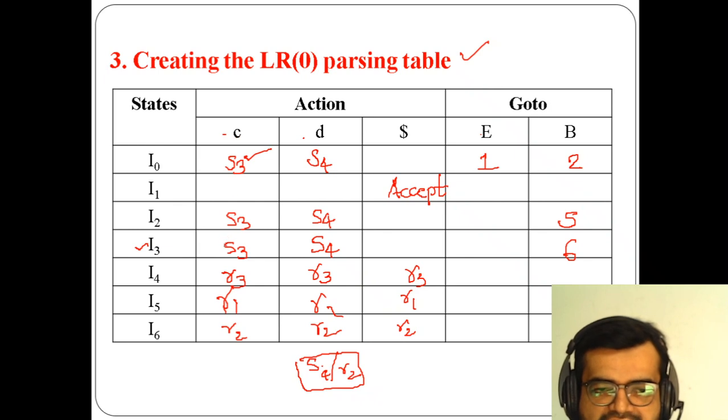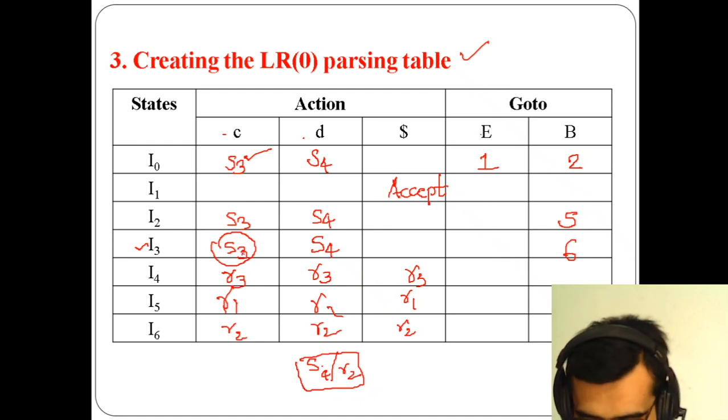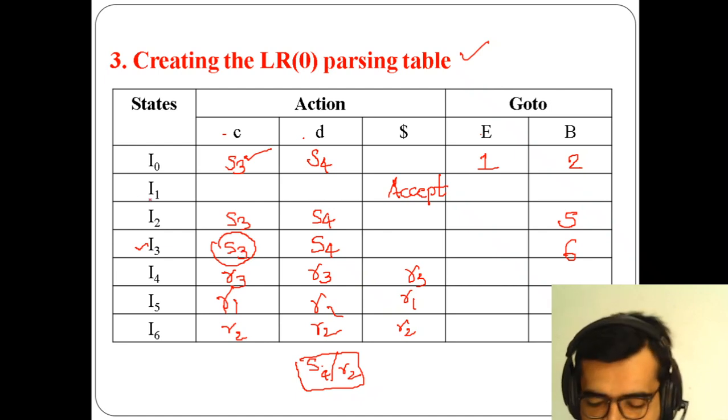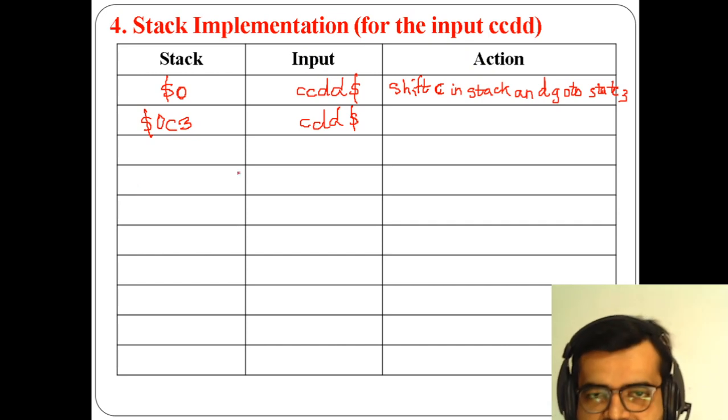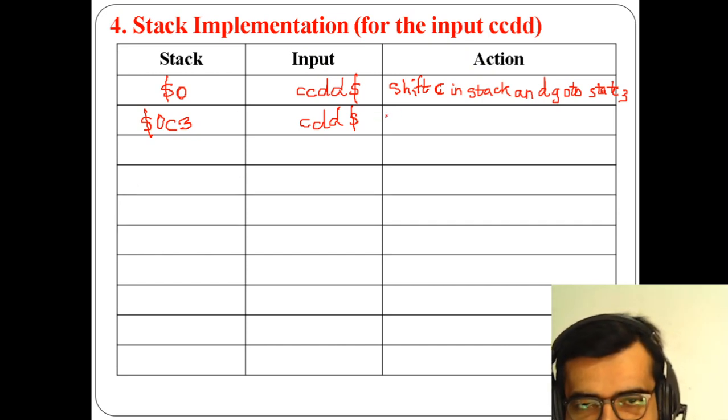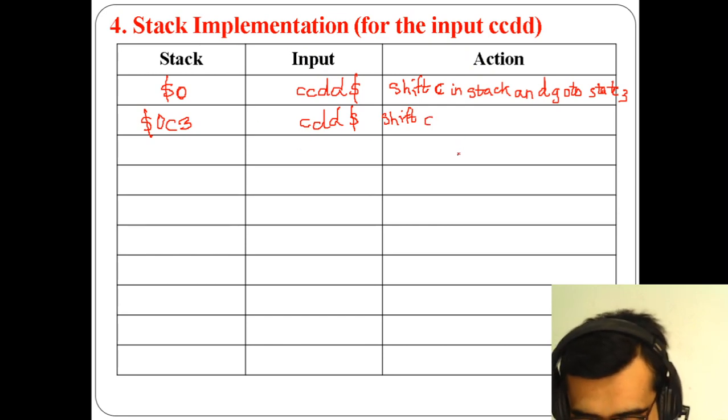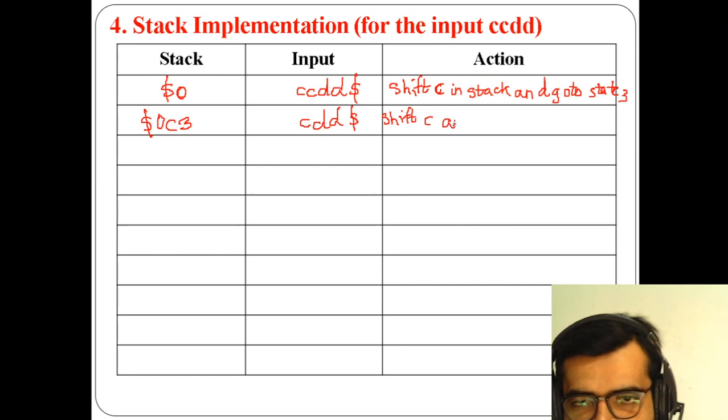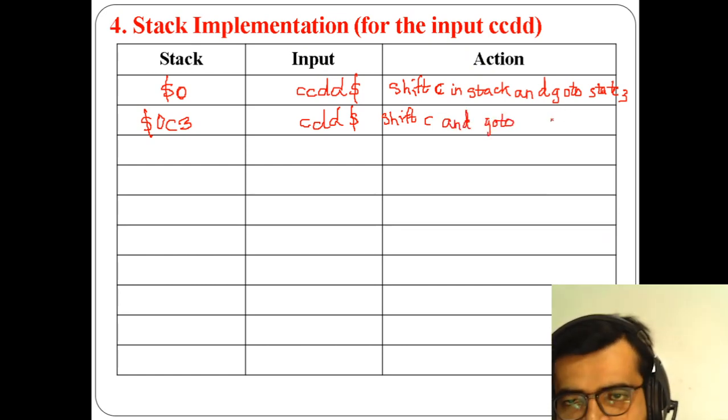In C, we have to perform a shift action, and again you are moving to the same state, third state, because S3 is there. So you need to write shift C, because you are shifting C again onto the stack, and go to state 3, because the same 3 is there, right?